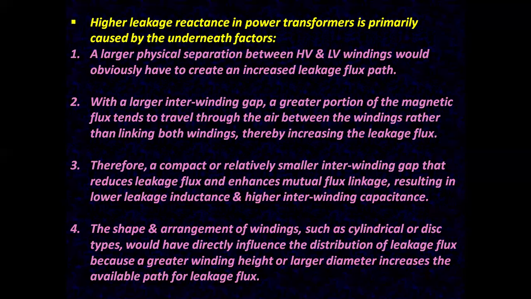One, a larger physical separation between HV and LV windings would obviously create an increased leakage flux path. With a larger interwinding gap, a greater portion of the magnetic flux tends to travel through the air between the windings rather than linking both windings, thereby increasing the leakage flux.